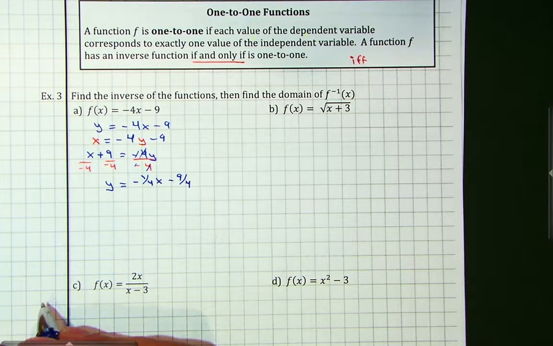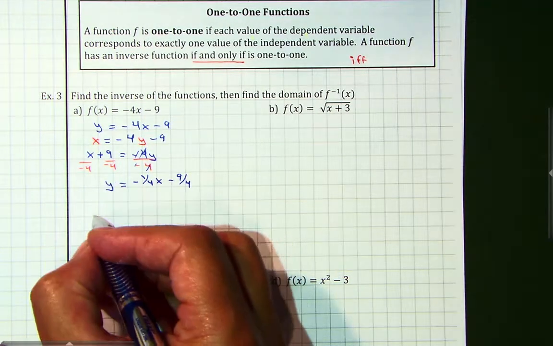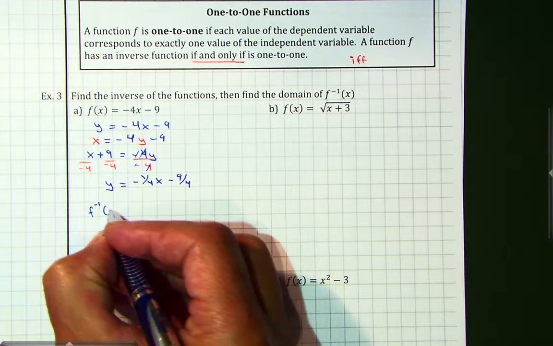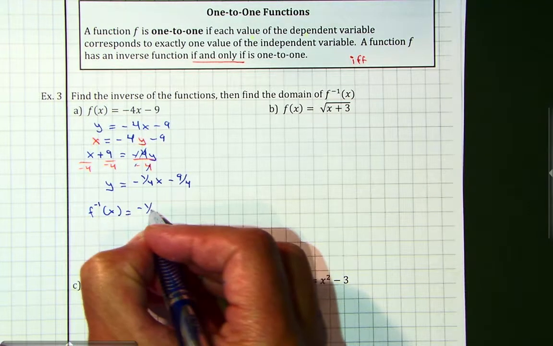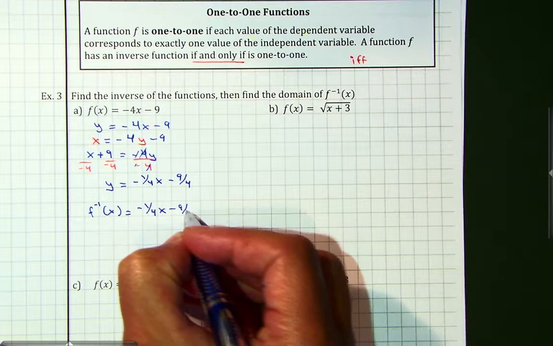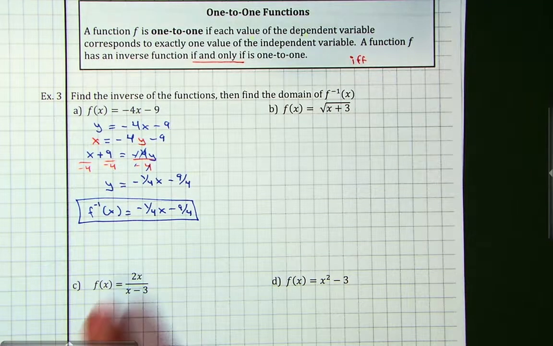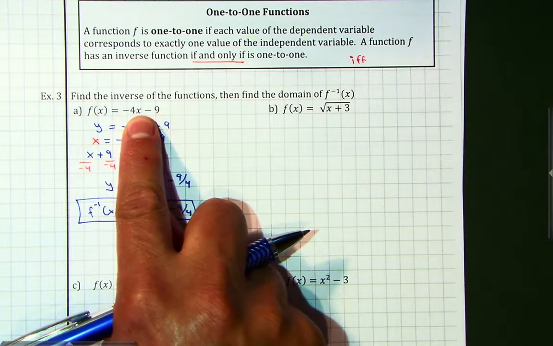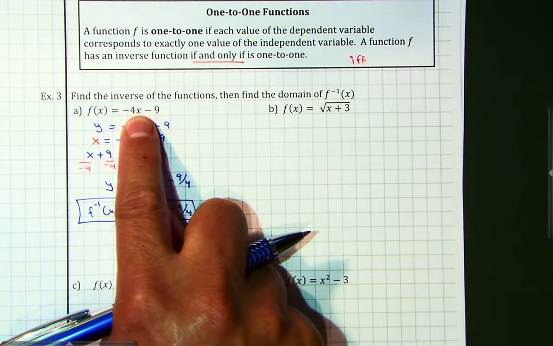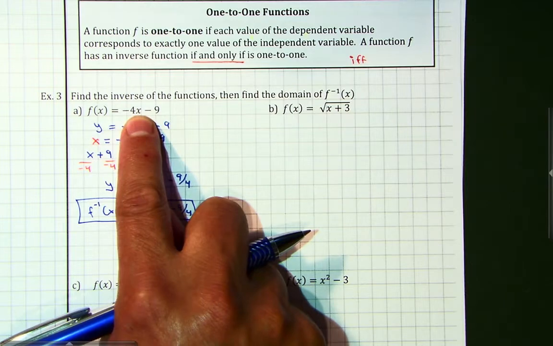But that is not our final answer because we need to make sure that we keep the correct notation. This is the correct notation. And notice that this is a line, correct? What is the domain for this line? All real numbers. What is the range?